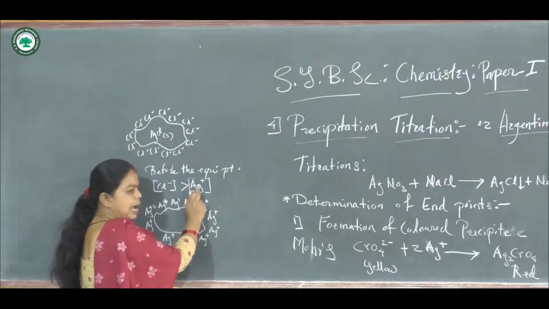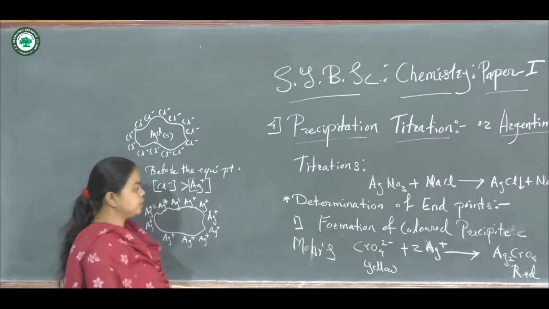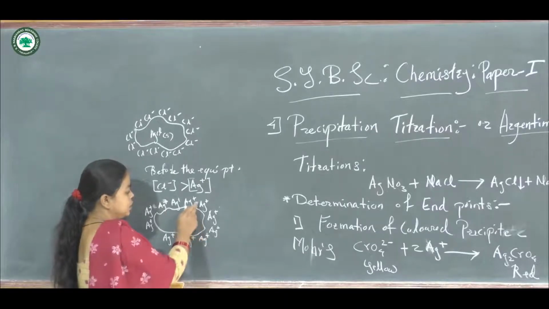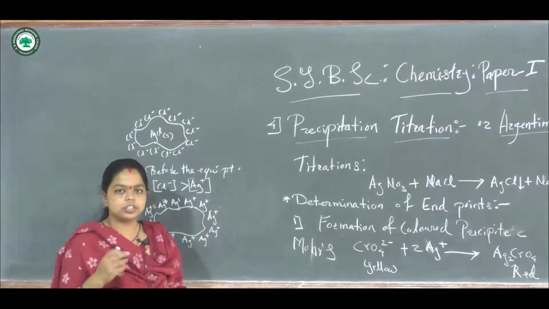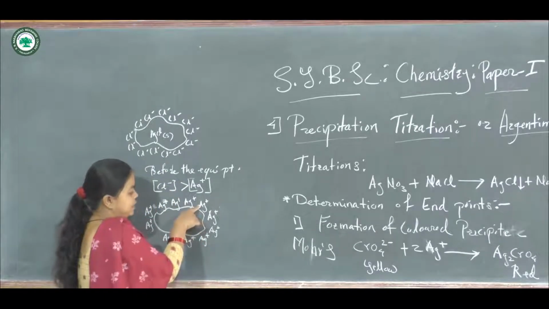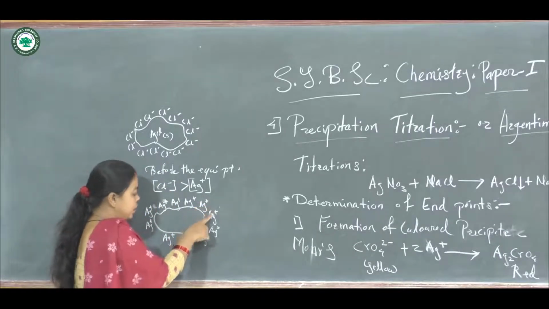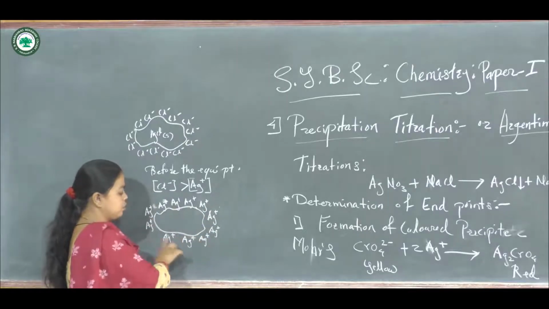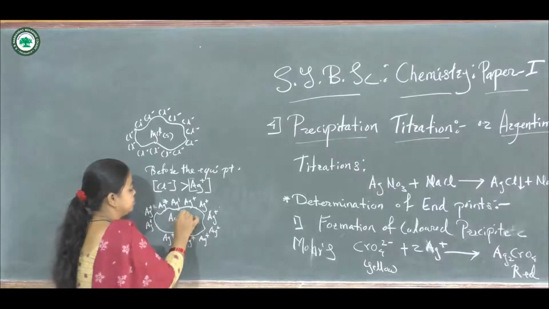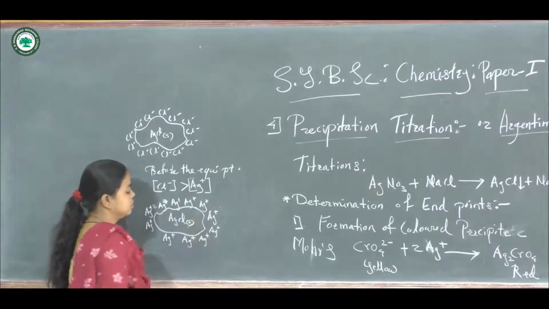Then after the end point, the silver ion concentration will slightly increase. So what happens? Excess silver ions will get collected on the surface of this solid AgCl precipitate.